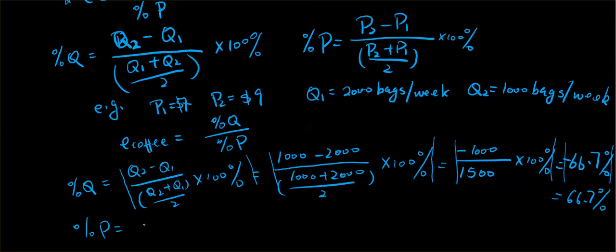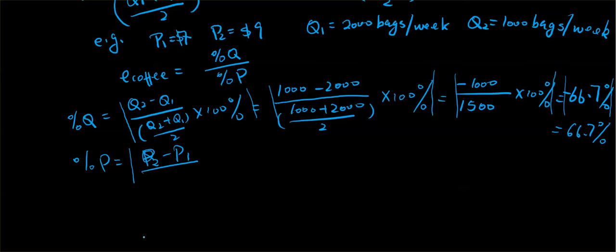Now how about the percentage change of the price? Again, you take the absolute value. It will be equal to the final price, P2 minus P1, divided by the average price, which equals P2 plus P1 divided by 2, times 100%, and take the absolute value.